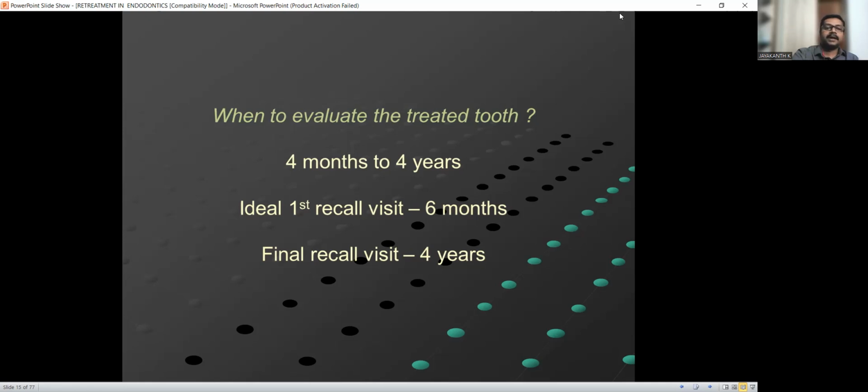The ideal time for evaluation is said to be 4 months after your treatment up to a period of 4 years. The ideal first recall visit should be after 6 months.